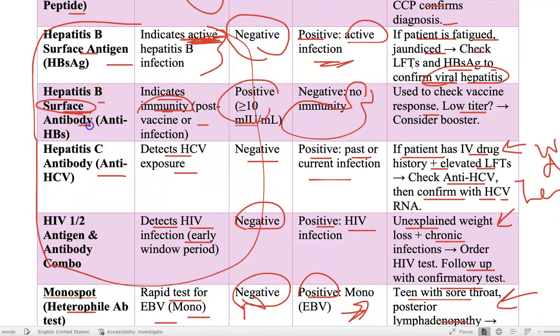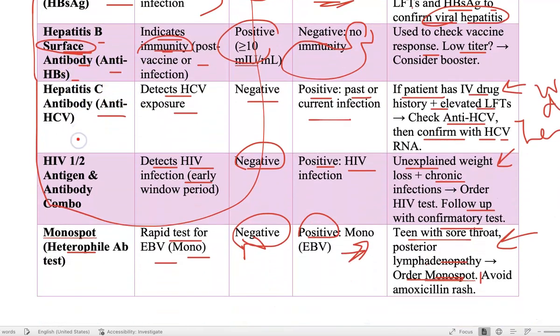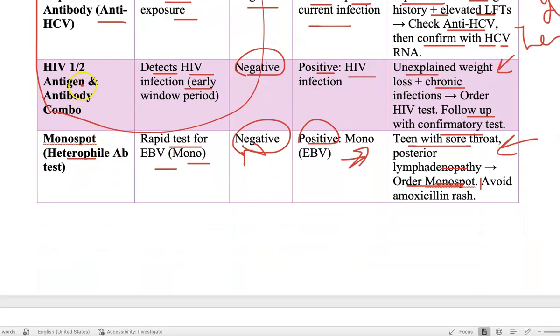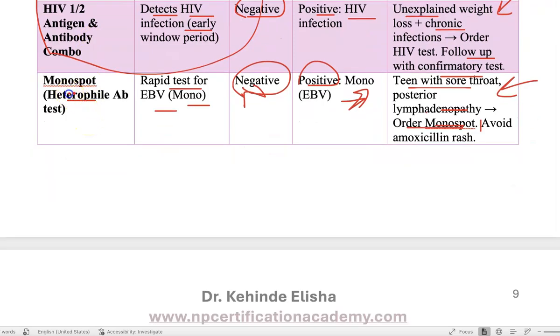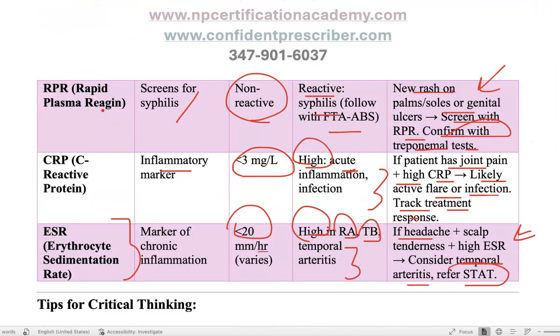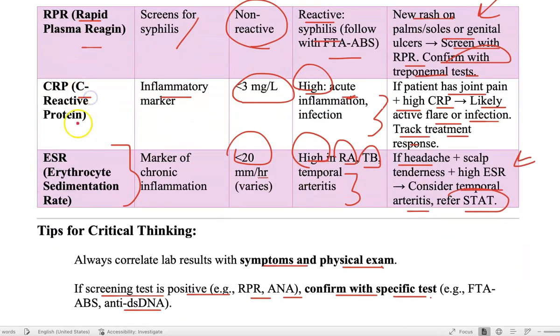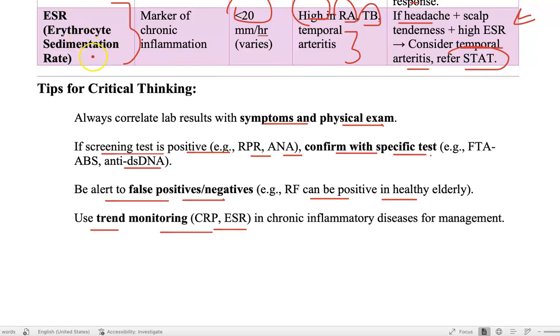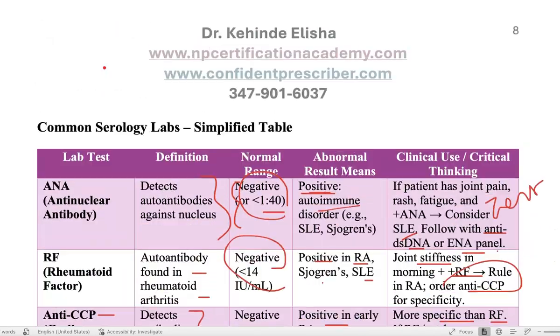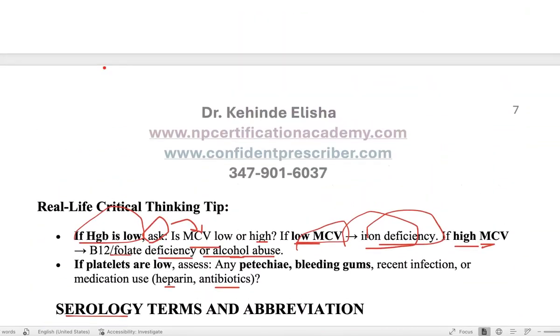Hepatitis B surface antibody, anti-HBs. Hepatitis C antibody, anti-HCV. HIV antigen and antibody combo. Monospot heterophile antibody tests. RPR, rapid plasma reagin. CRP, C-reactive protein. ESR, erythrocyte sedimentation rate. That ends our review of labs.